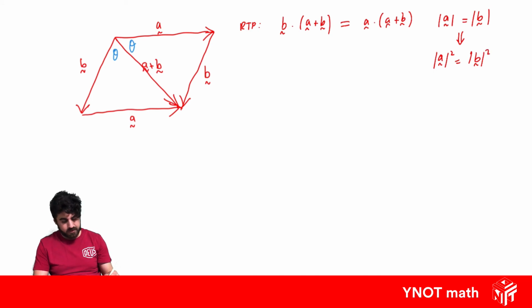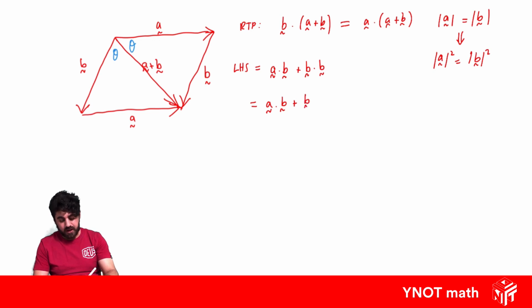Okay, so let's take the left-hand side and dot product this out. We're just going to get the dot product of B and A, you can write it as A dot B, and then B times B, which is going to be B dot B. So we're going to get A dot B plus, then we have our special result where we dot product two of the same vectors together.